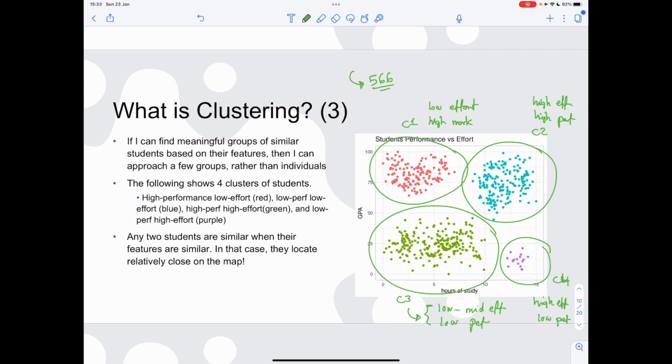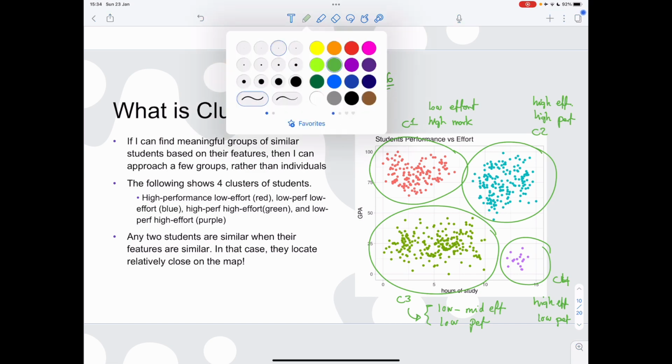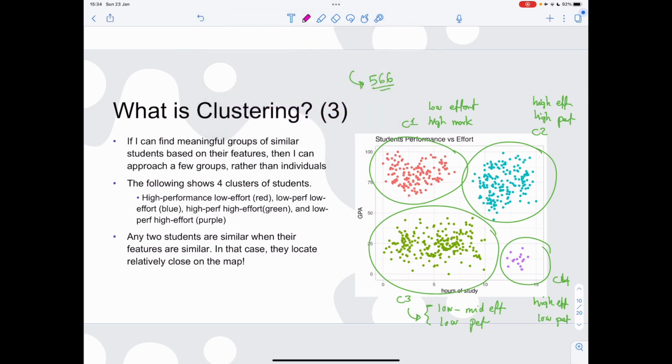Good. If I can find meaningful groups of similar students based on their features, then I can approach a few groups rather than individuals. So now I can approach C1 and tell them congratulations for the high mark. It's very interesting that you have invested fewer hours than others and got such high marks.